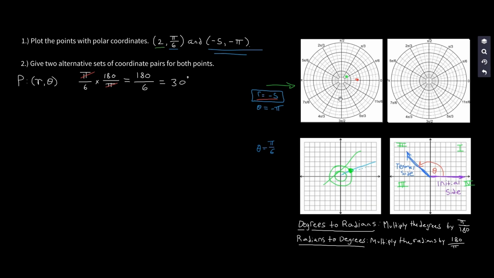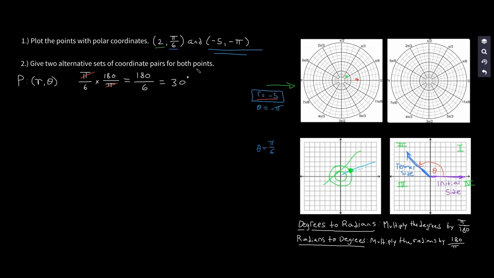And now the second part of the question: we're asked to give two alternative sets of coordinate pairs for both points. Well, the problem is about finding the different ways to code the exact same physical location on a graph.